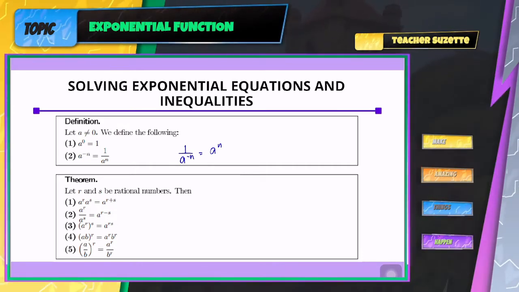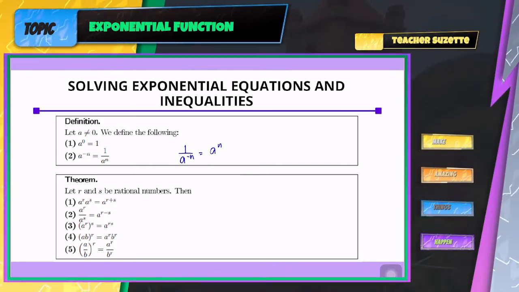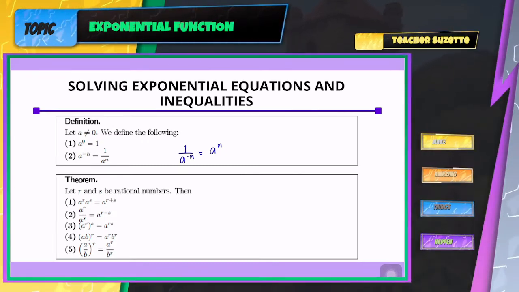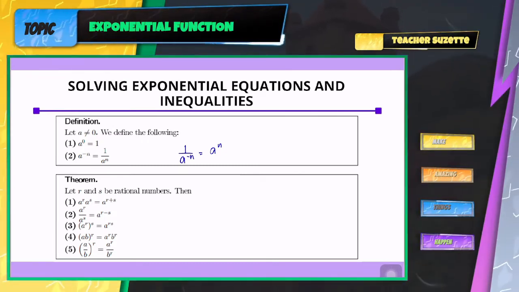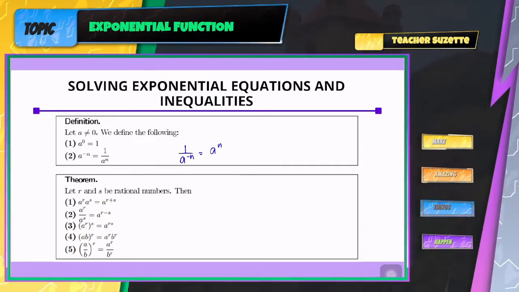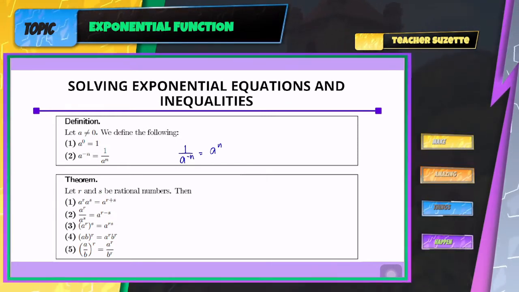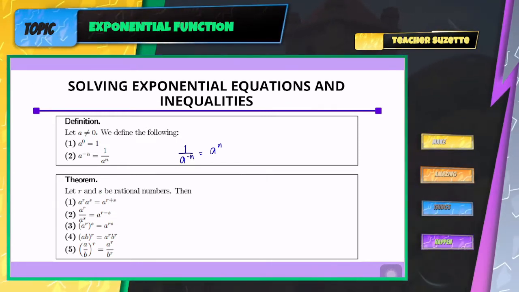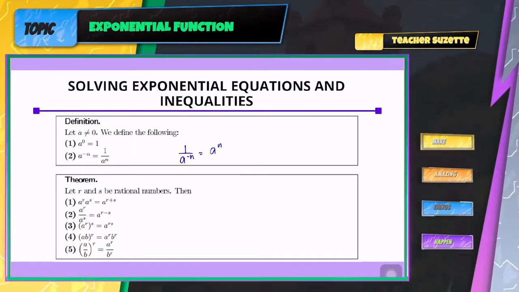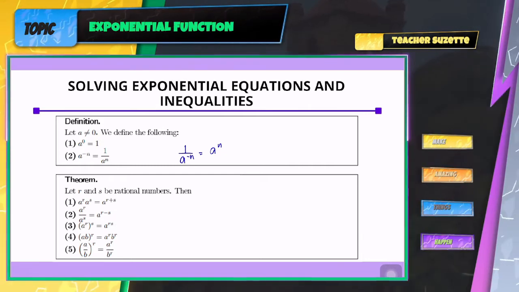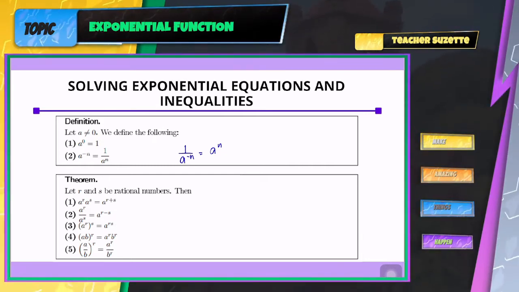That is why it is equal to a raised to r, b raised to r. So, ganun din po siya sa ating number 5, which is a over b raised to r. Again, mayroong presence siya ng parentheses and yung exponent natin implies that you're going to distribute this exponent r to a na numerator and b na nasa denominator natin. So, it will be equal to a raised to r all over b raised to r.